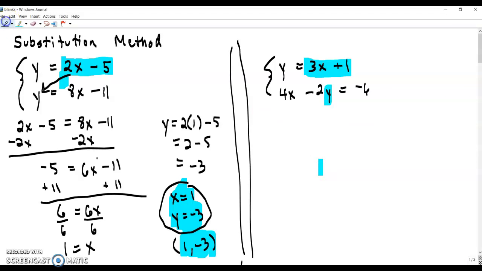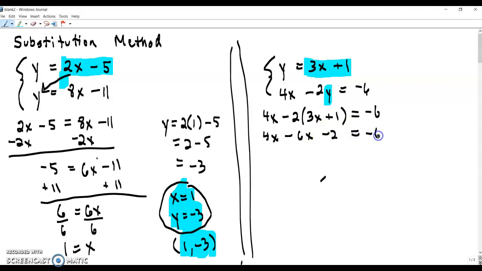Substitute it in. So now I have 4x, not minus 2y, but minus 2 times the quantity. I always use parentheses in this case, so that I remember to distribute. Now I have a little more complicated equation, but I have one equation with one variable. It's multi-step.